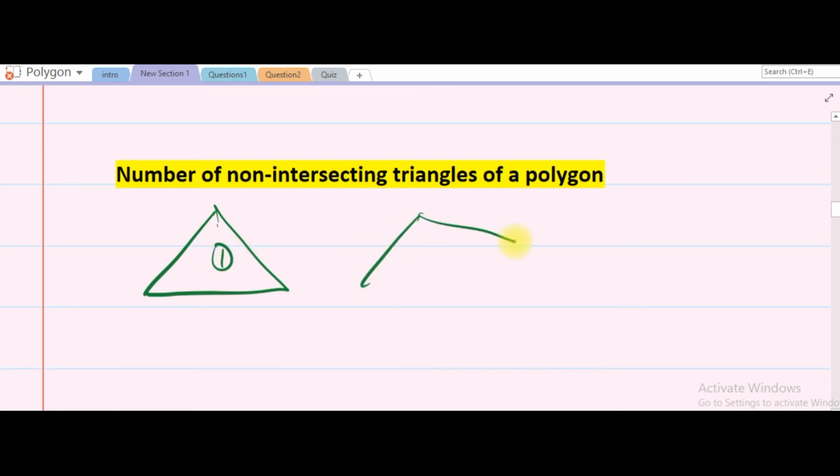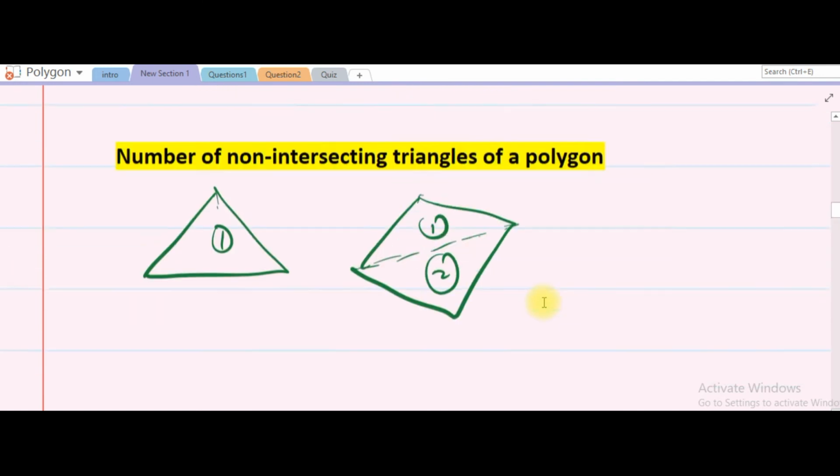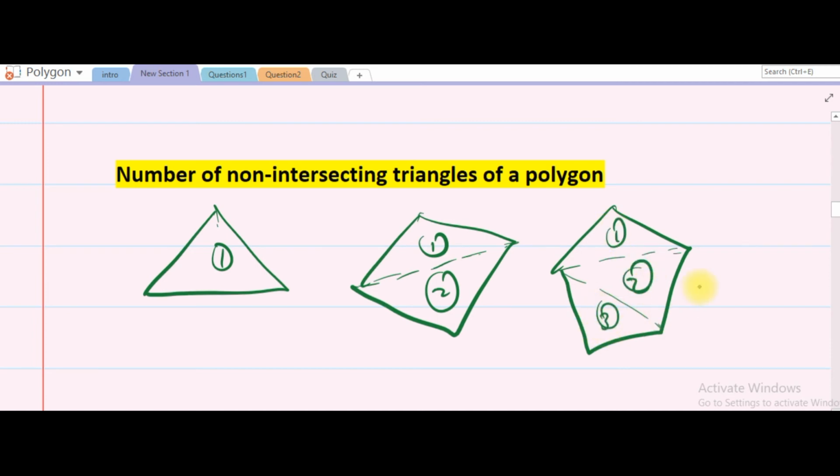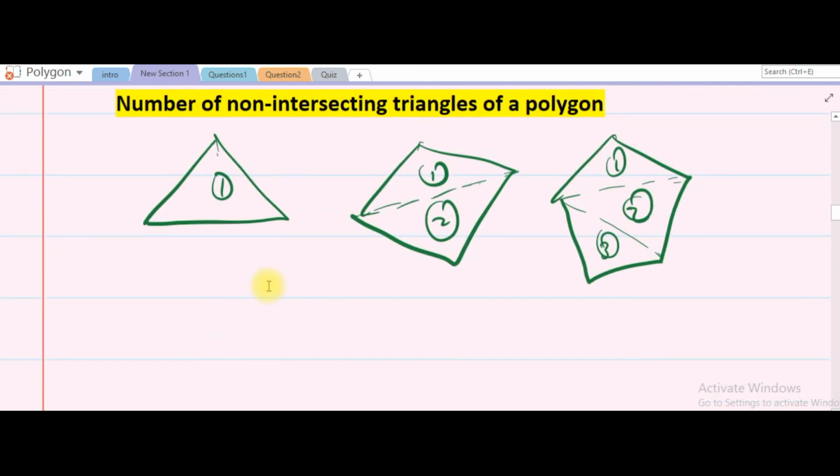For a quadrilateral, we have 2 non-intersecting triangles. For a pentagon, we have three non-intersecting triangles.